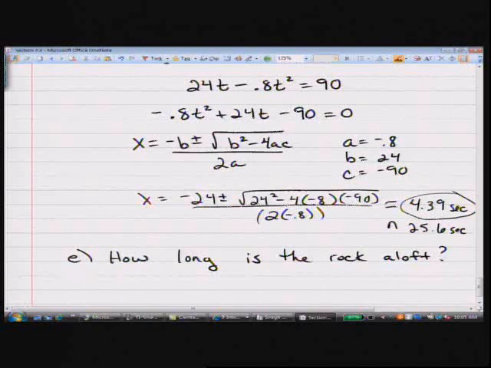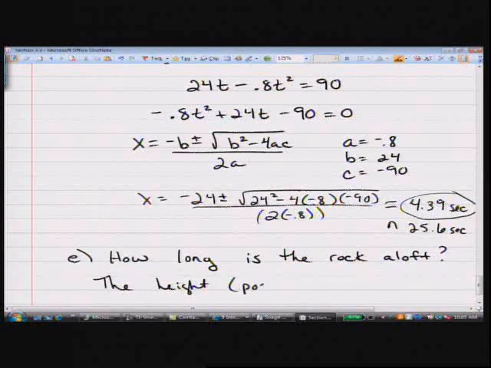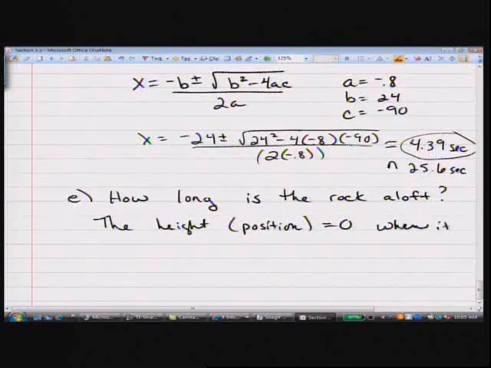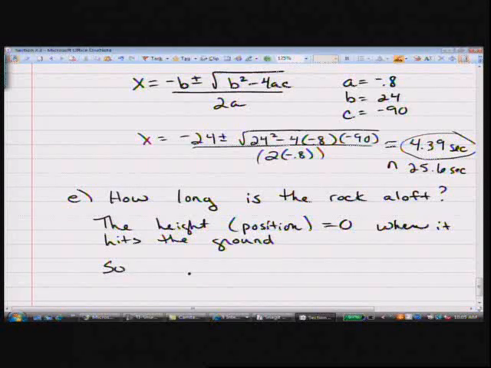Okay, so the position equals 0 when it hits the ground. So this is still just an algebra question. We just have to take that position equation, 24t minus 0.8t squared, and set it equal to 0.